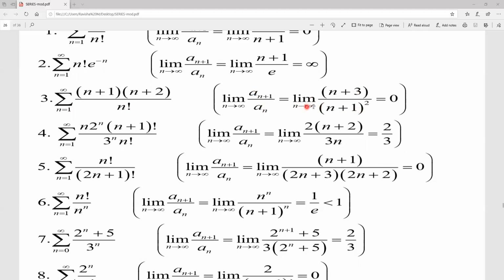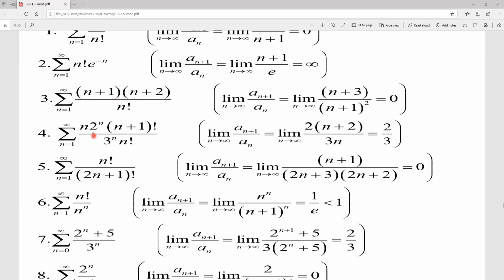When you take the limit as n tends to infinity, this goes to 0 because the denominator is bigger than the numerator. So L is equal to 0, that is less than 1. Therefore, the given series is convergent by the ratio test.